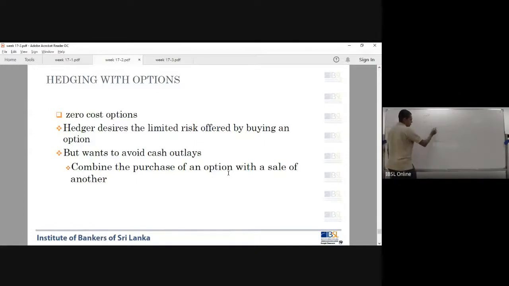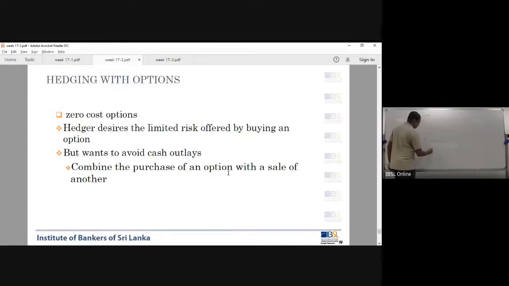So effectively, what happens is this is the market and time. This will be the call option strike. Here you have the put option strike. So for as long as the market remains between call and put, you are fine.